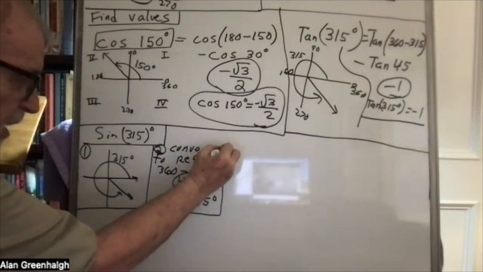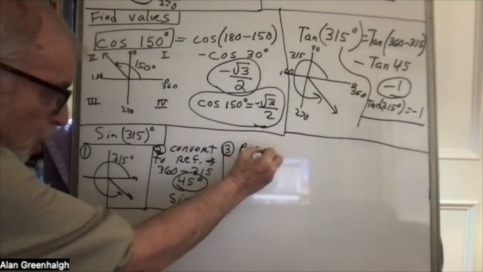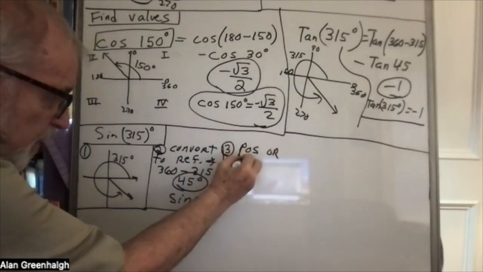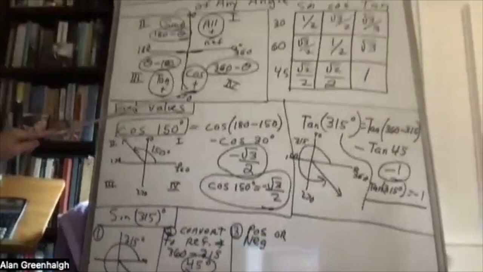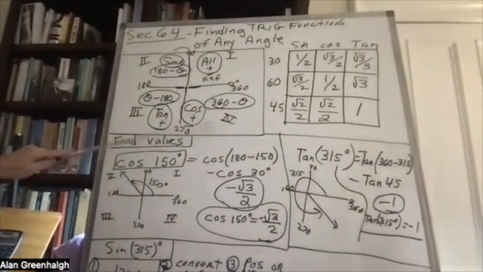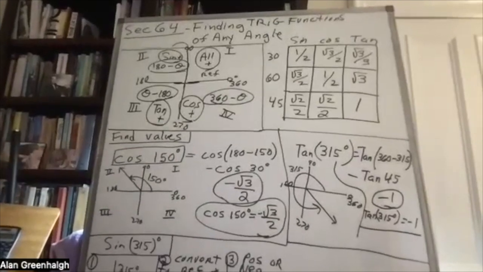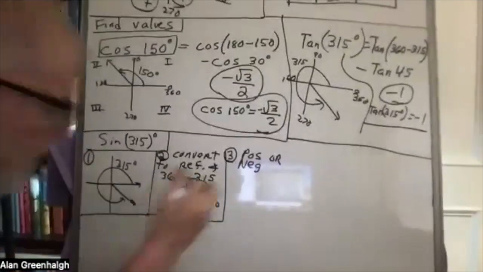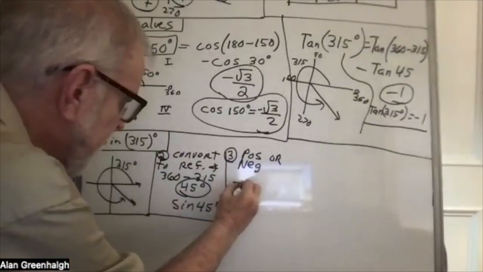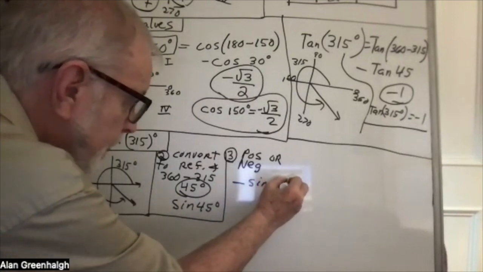And the third thing you're looking at is positive or negative. Well, in the fourth quadrant, only the cosine is positive. The sine is negative in the fourth quadrant. Therefore, this is going to be negative the sine of 45 degrees.